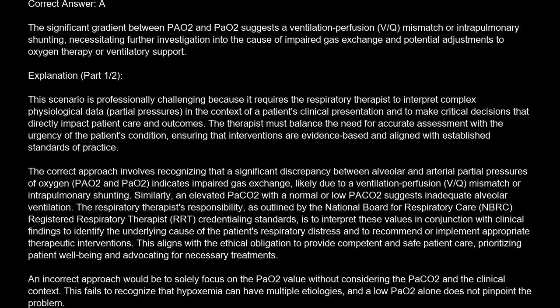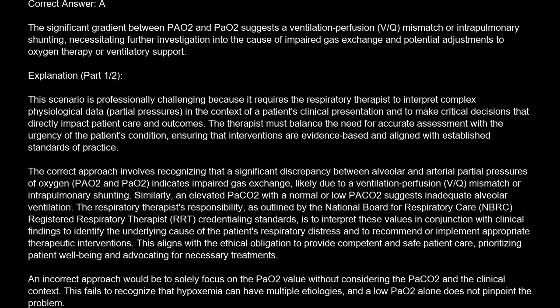The respiratory therapist's responsibility, as outlined by the National Board for Respiratory Care, NBRC, Registered Respiratory Therapist, RRT, credentialing standards, is to interpret these values in conjunction with clinical findings to identify the underlying cause of the patient's respiratory distress and to recommend or implement appropriate therapeutic interventions. This aligns with the ethical obligation to provide competent and safe patient care, prioritizing patient well-being, and advocating for necessary treatments.